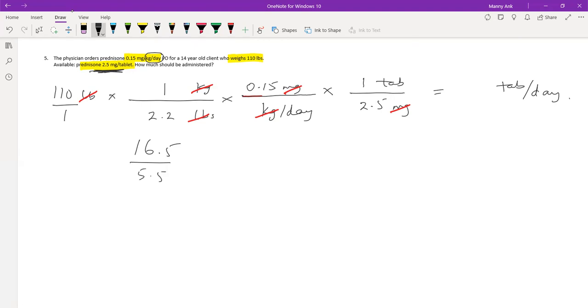If you divide these two, 16.5 divided by 5.5, you end up with 3. So we have to give 3 tablets per day for this client.